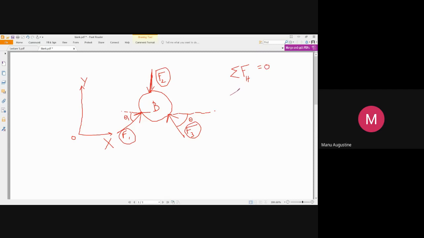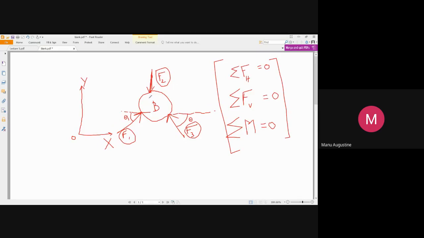Second condition, the summation of vertical components of all the forces must also be 0. And the summation of all the moments about any point must be equal to 0. So these are the three conditions that must exist for a body to be in equilibrium.